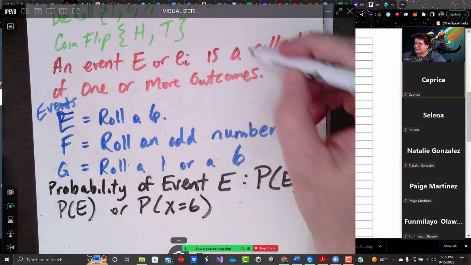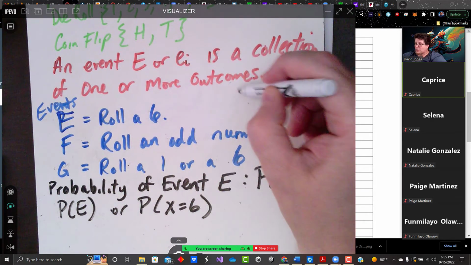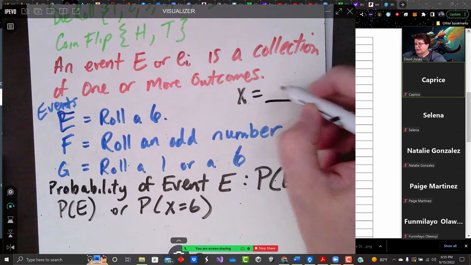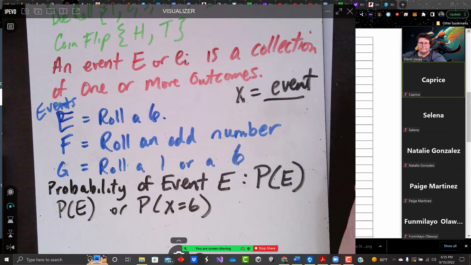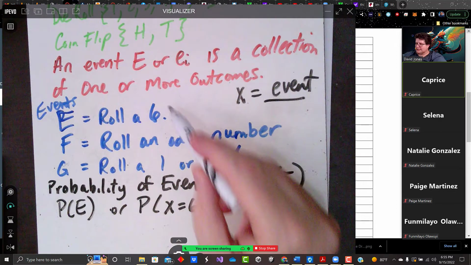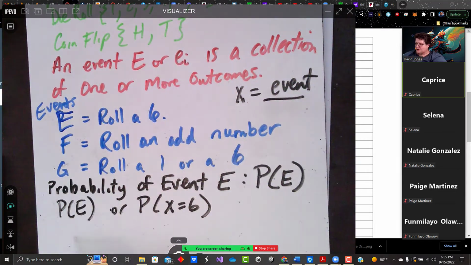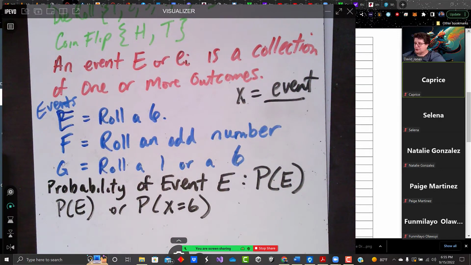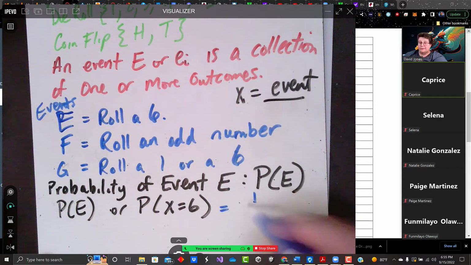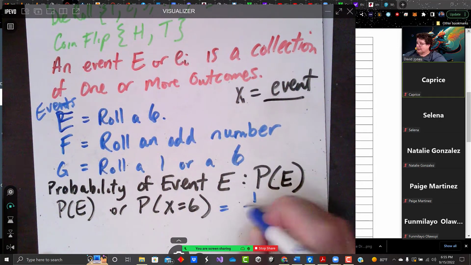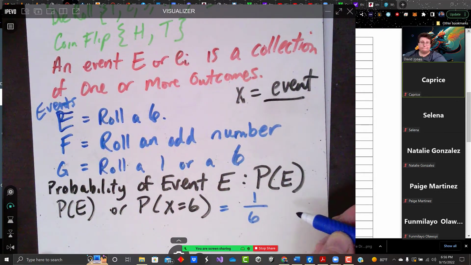X is usually listed as an event as well, so you'll see that a lot. Since roll a 6 is the event E, these two mean the same thing. And what they mean is to list the total number of outcomes that are in the event. In rolling a 6, there is only one outcome of a 6 out of 6 total outcomes.